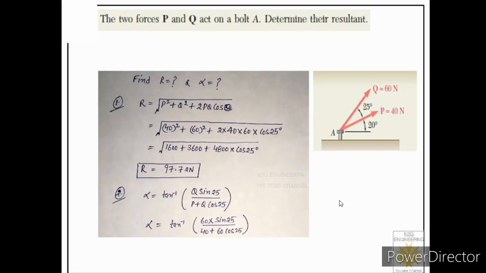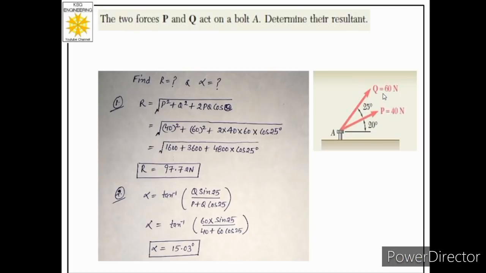This we have already learned when we discussed the theory of the parallelogram law of forces. So from here we will get an angle of 15.03 degrees. So this angle of the resultant is with the 40 Newton force because in the denominator we have considered the other force. Fine. This you should keep in your mind while solving problems on the parallelogram law of forces.